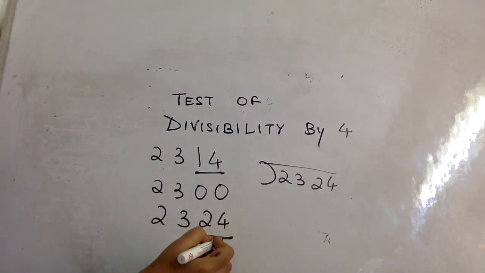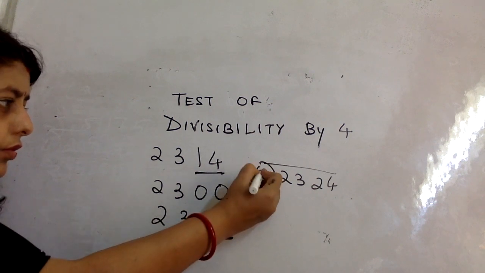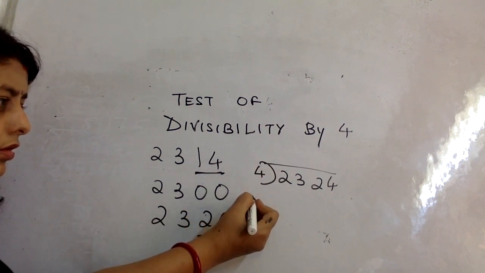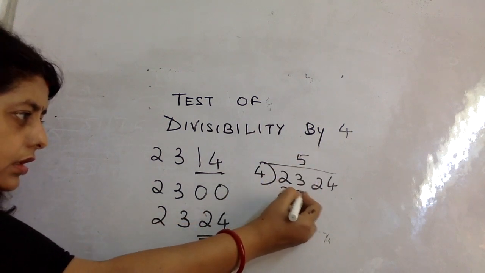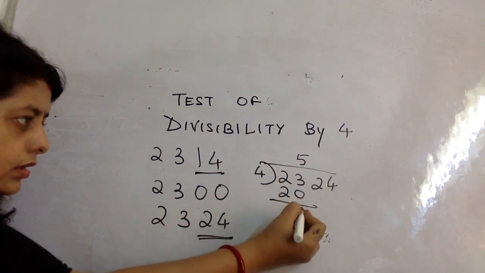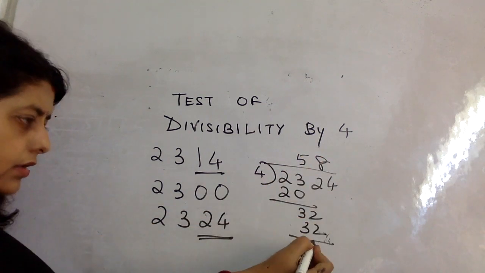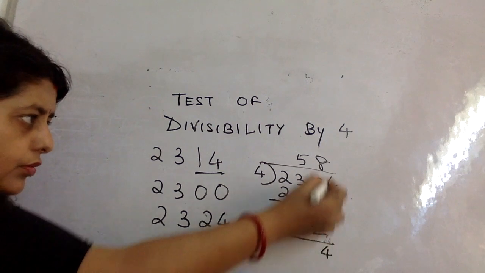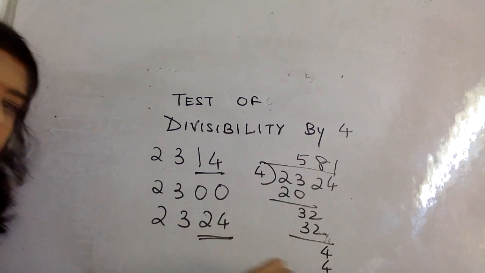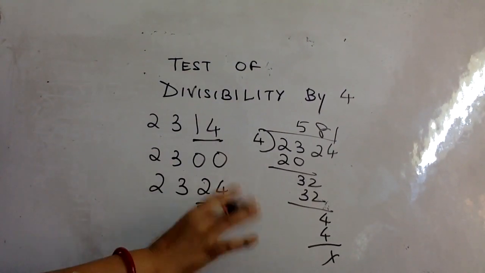Okay, 4 5s are 20, and then 32. 4 8s are 32, and then bring the 4 down, 1. Okay, so this number is also divisible by 4.